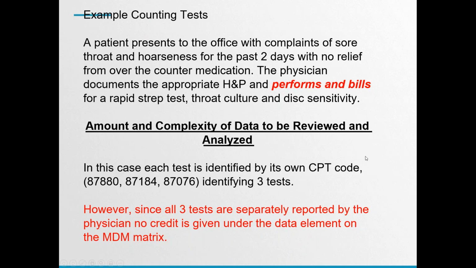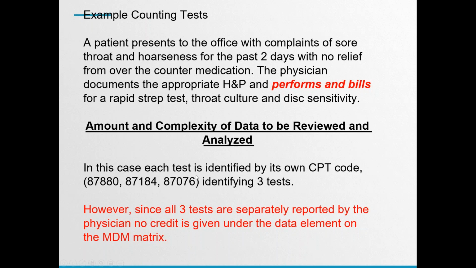So let's look at an example. A patient comes to the office. They have complaints of sore throat and hoarseness for the past 2 days. They have no relief with over-the-counter medication. The physician documents the appropriate H&P and performs and bills for a rapid strep test, a throat culture, and the disc sensitivity.